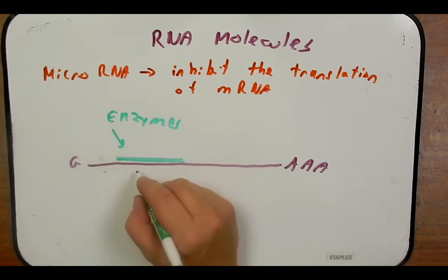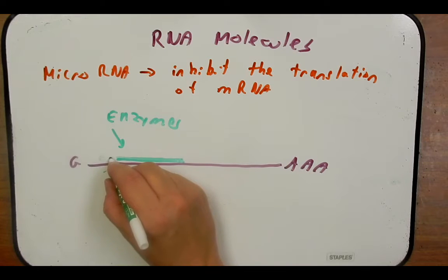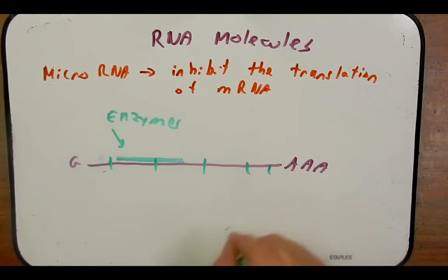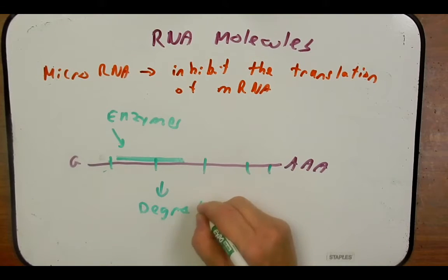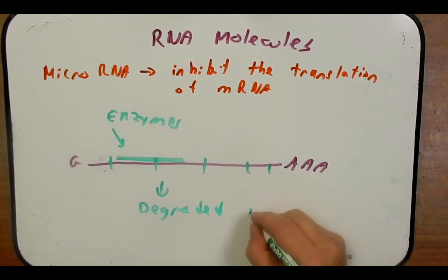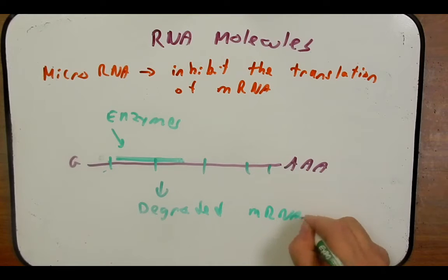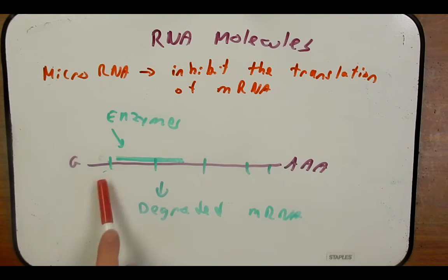And as they recruit these enzymes, they will degrade the messenger RNA. So it results in a degraded messenger RNA. This is a very important process of inhibiting the ultimate expression of a gene. You don't affect the DNA itself, but the messenger RNA, you destroy that, and now you no longer have the ultimate expression of that gene.